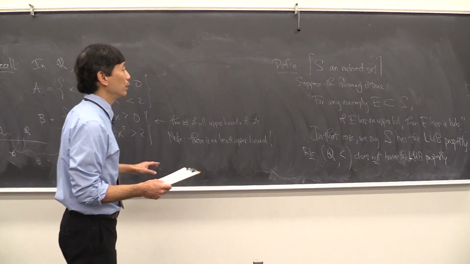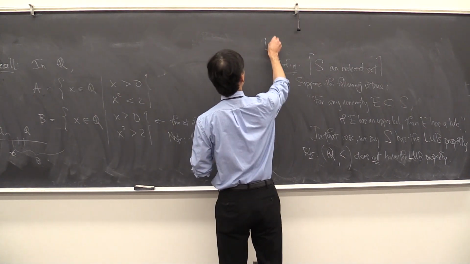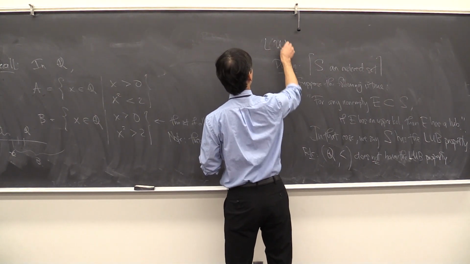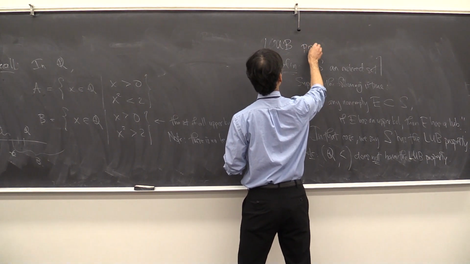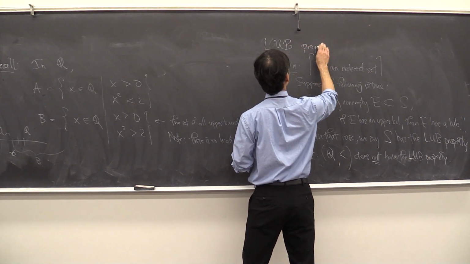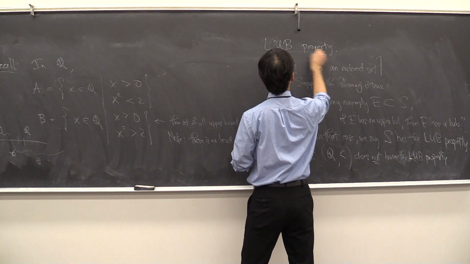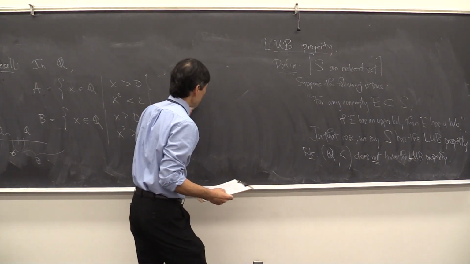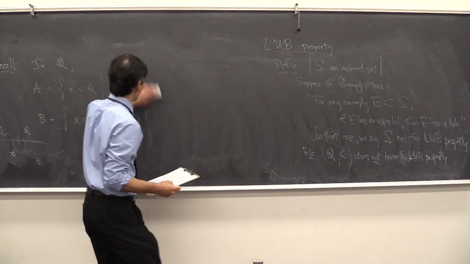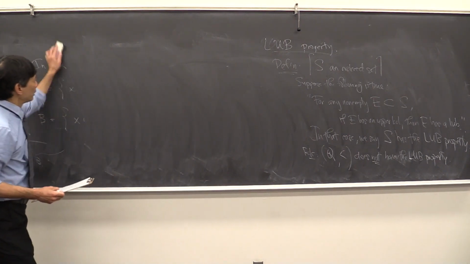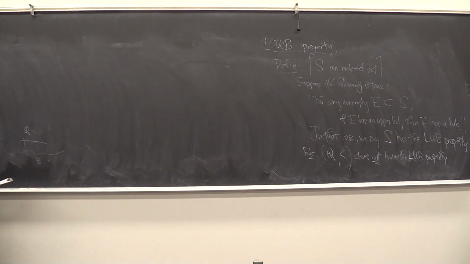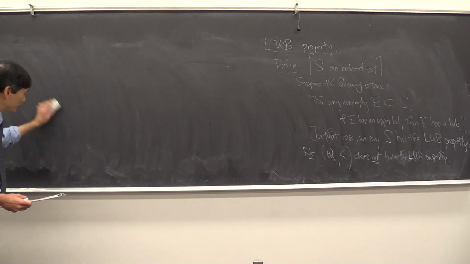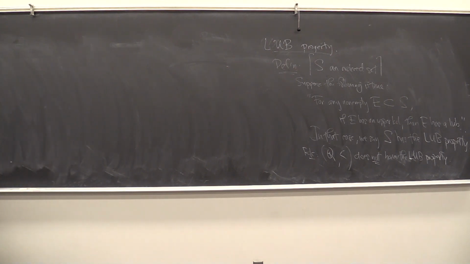Right now we're talking about the least upper bound property. We're not going to talk about R in particular, but we're just going to think about ordered sets that have the least upper bound property.